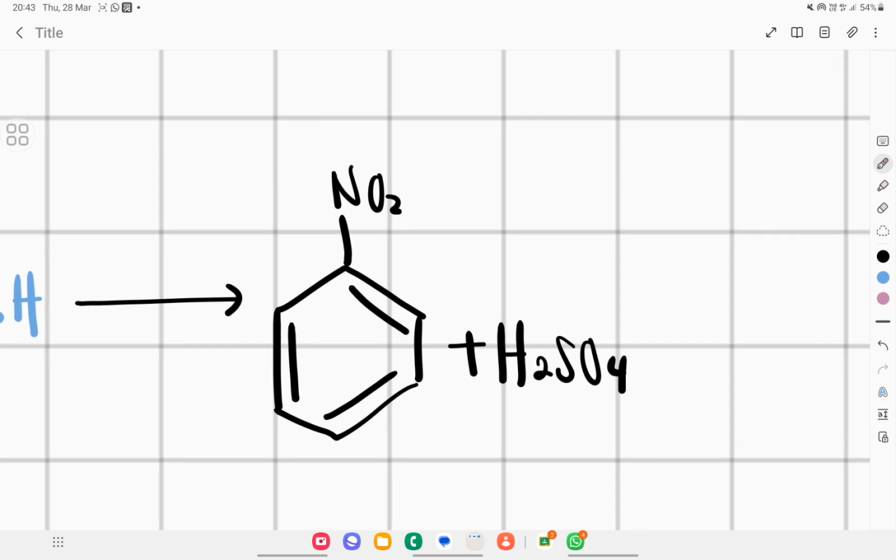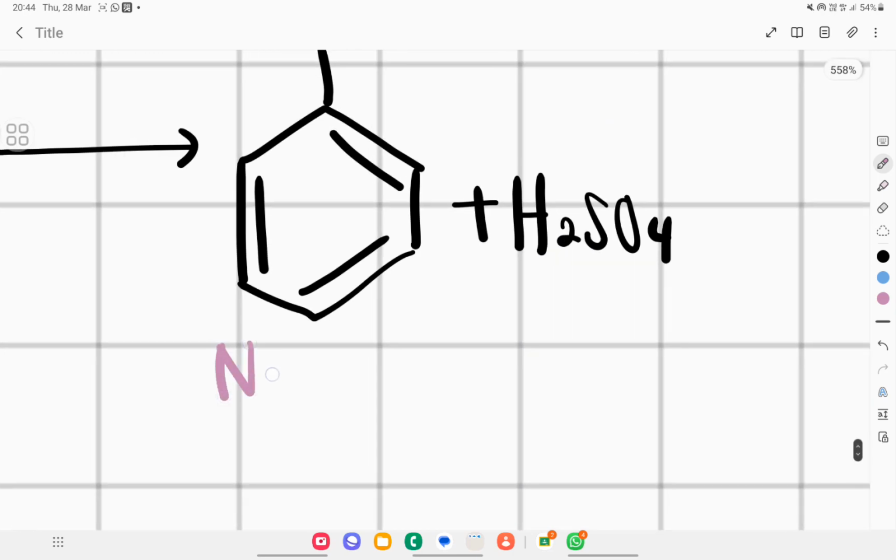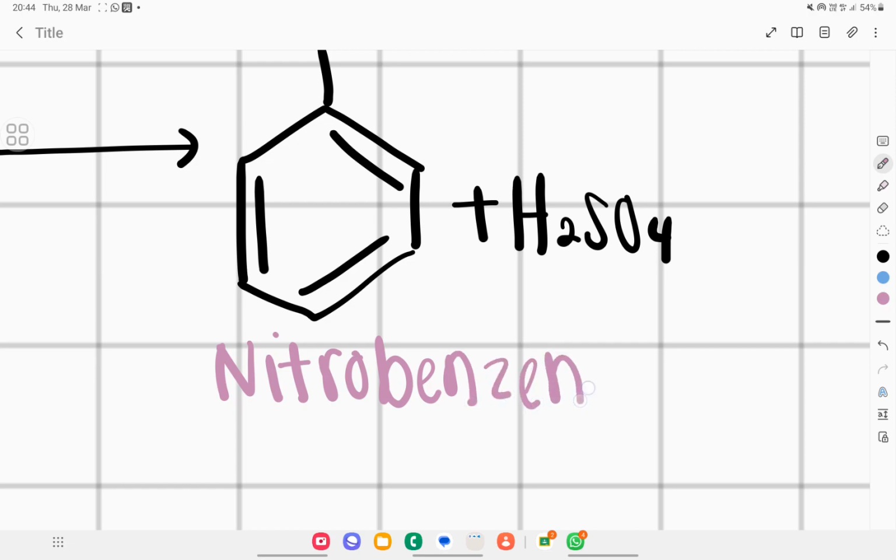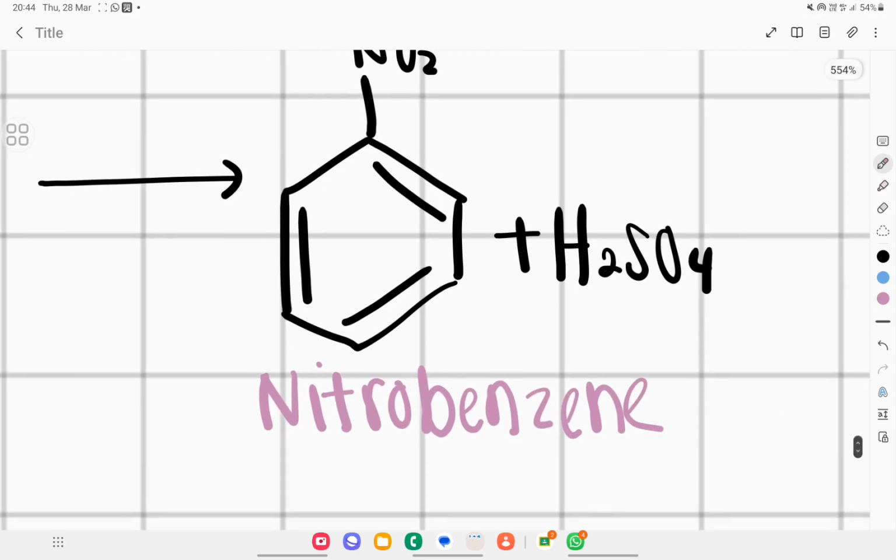The formation of the double bond restores the aromatic character of the ring, completing the re-aromatization process. The resulting compound is a substituted aromatic compound where the electrophile has been incorporated into the ring. In this case, we call it nitrobenzene, as we can see from the early part of my video.